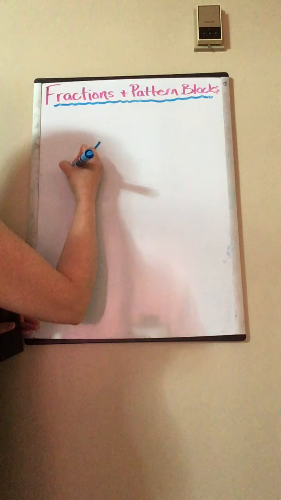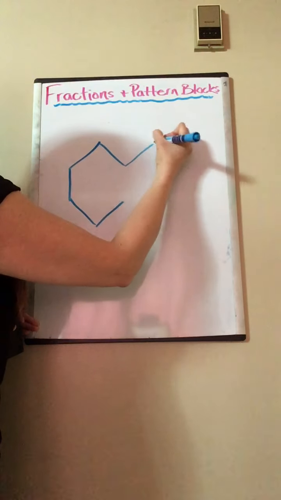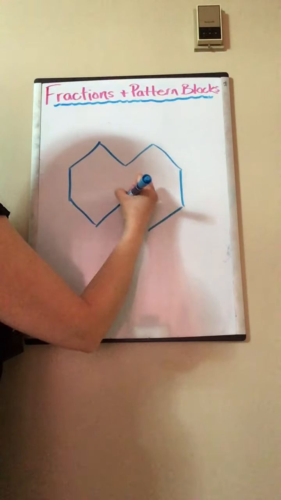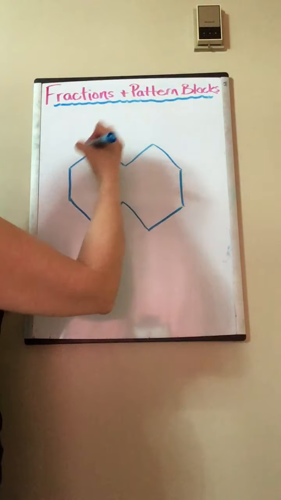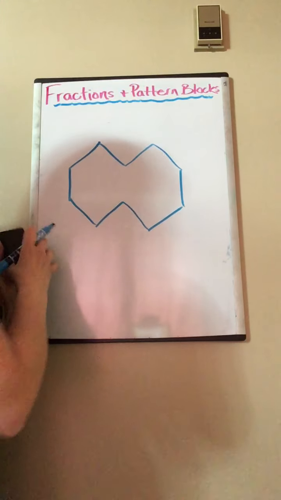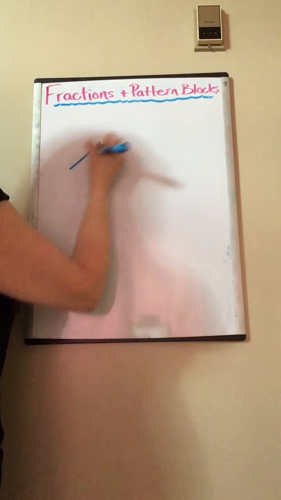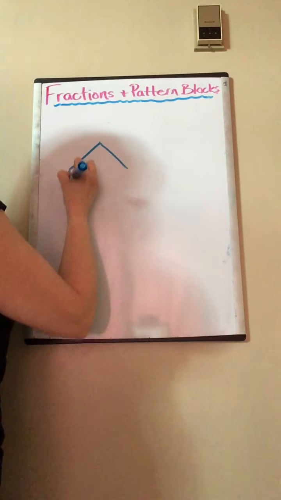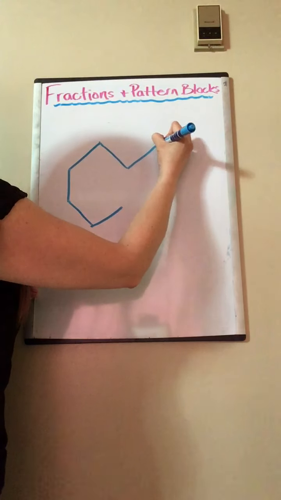Here's another double hexagon. Okay, so what if they give you, let's see, this one's a little bit messy. I'm going to try one more. I'm going to make it a little bit more. There we go.